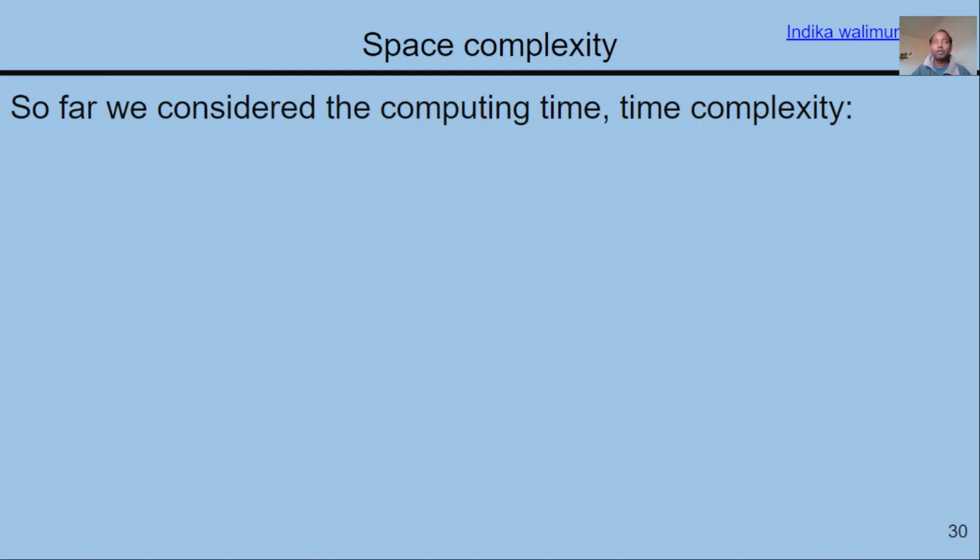Many books use Fn and Gn in this situation that is more general, but I wanted to take time as the resource, so I kept Tn as our focus. So now the highlight is space, so we can take it as S. So far we have been discussing time complexity. Now we're going to discuss space complexity.